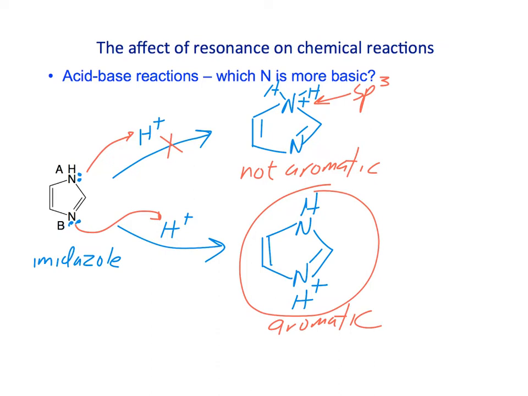B, right? Because the more basic nitrogen is going to be the one that more readily reacts with a proton. Okay, so nitrogen B is more basic, because its conjugate acid is more stable. All right, does that make sense?